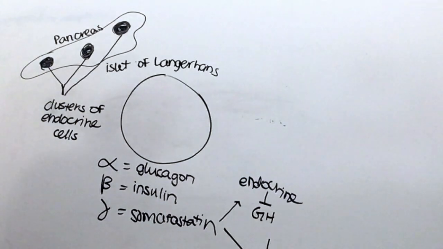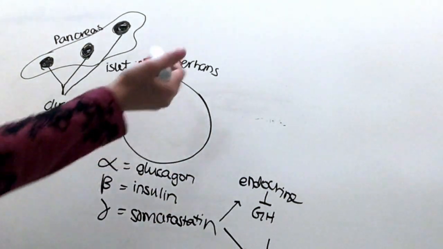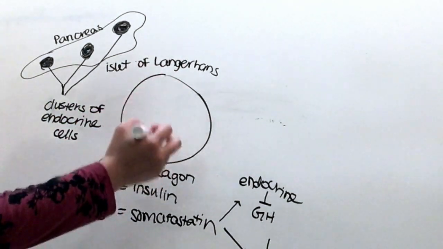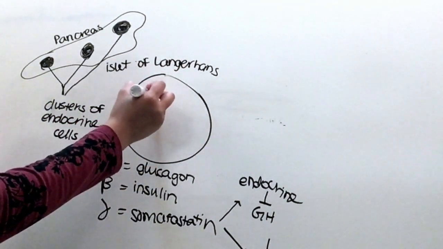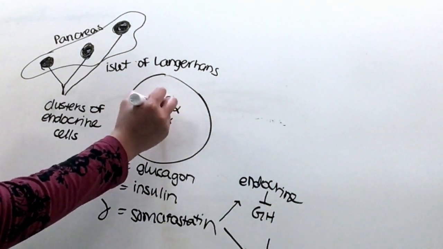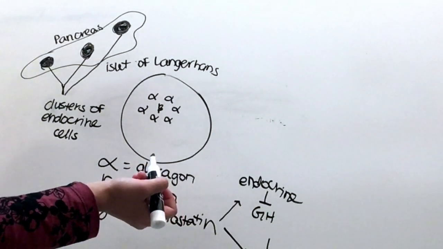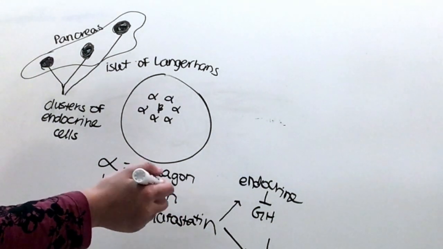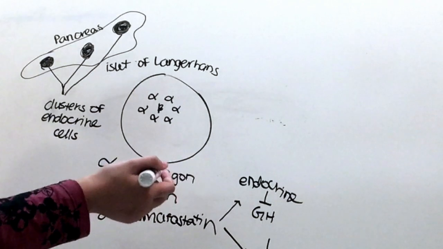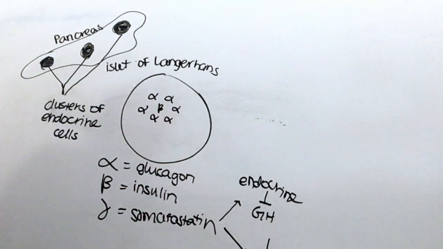And how are these cells structured within the islet of Langerhans? I'm going to show you that right over here. So the islet of Langerhans is going to be structured in such a way that you have these alpha cells surrounding the beta cell. And then the way I like to remember it is just to think about how, in response to us eating anything at all, we have insulin released by our body to put all that glucose into the cells so the cells can function, cells can do their thing.